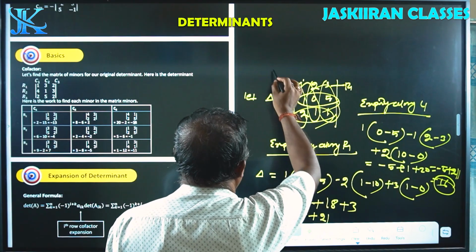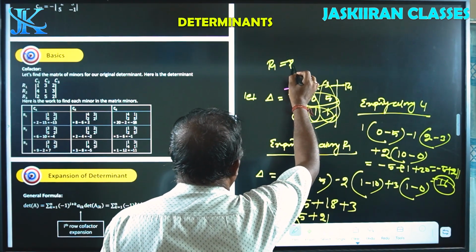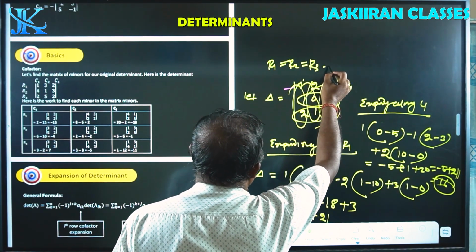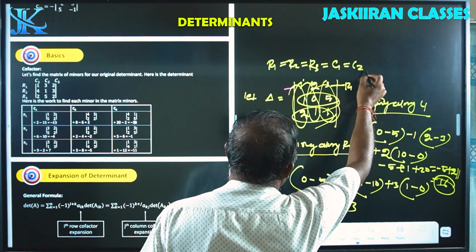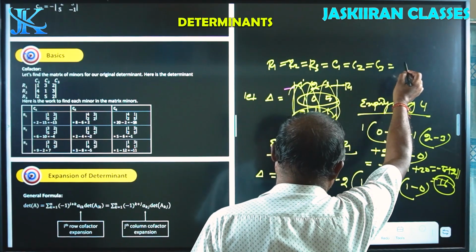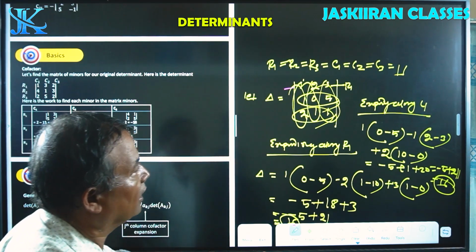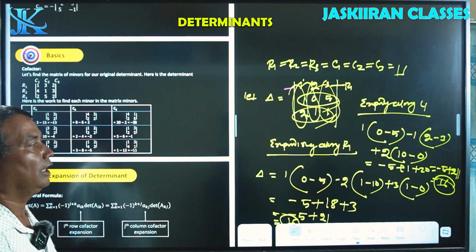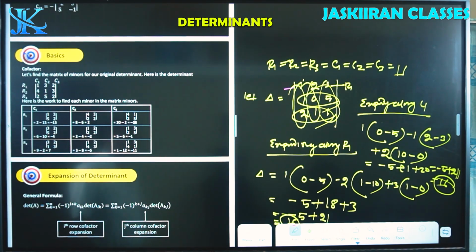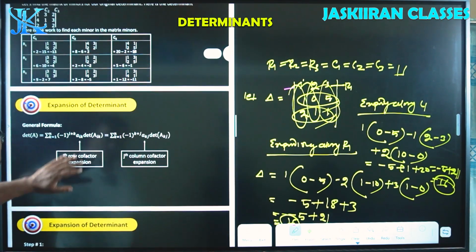That is, the result of R1 is equal to R2 is equal to R3 is equal to C1 is equal to C2 is equal to C3 is equal to 16. That is, expanding along any one row or any one column gives the third order determinant. I think the pattern is really good.